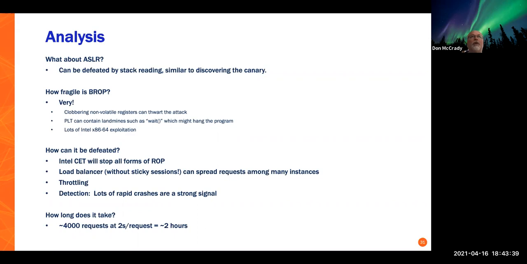So you might wonder, how can we defeat a blind ROP attack? Well, Intel's latest chips have something called CET, control flow enforcement technology. And one of the big components of that technology is a shadow stack.